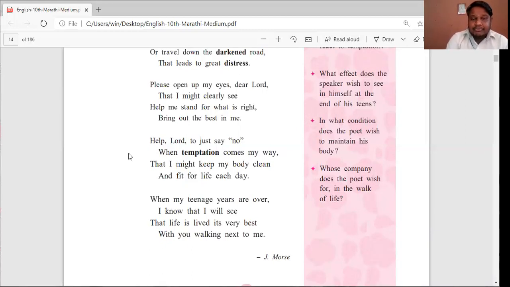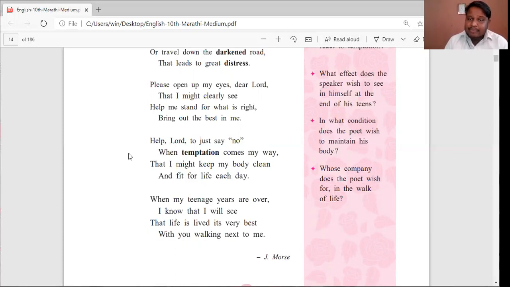It means in the first line, once again, the poet requests God that when the temptation comes in his life, at that time the poet wants to say no to that temptation.